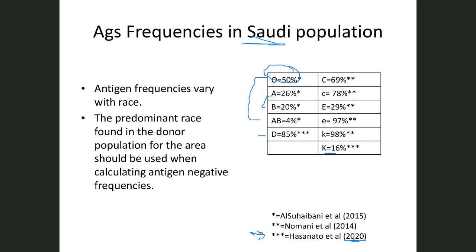We can see the small k and the E, it's too much in the population. So what do you think? If a patient has anti-small e, is it easy to find a compatible unit? What do you think? No, it's very hard. From each 200, we will find only 3.